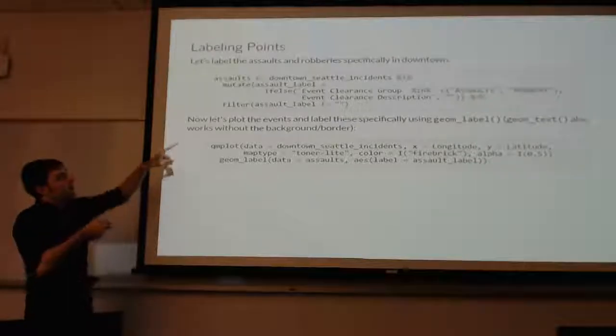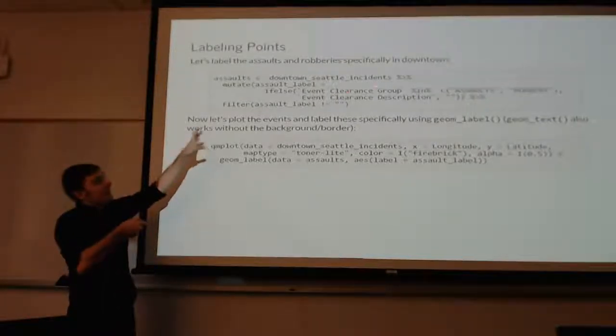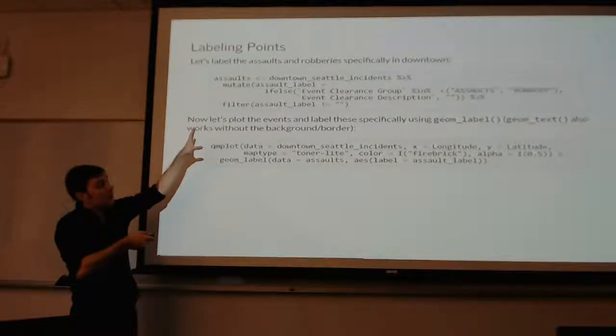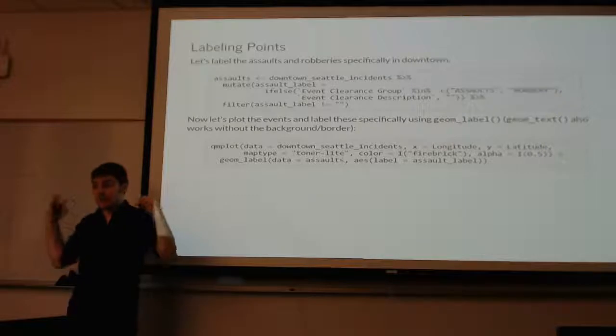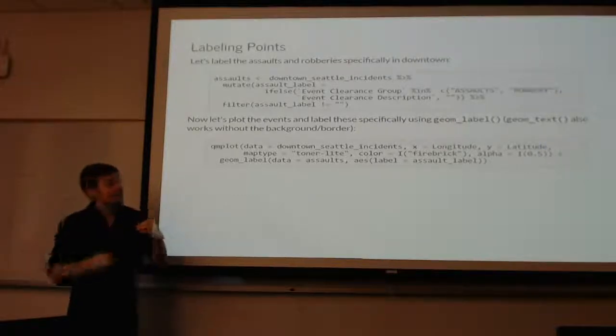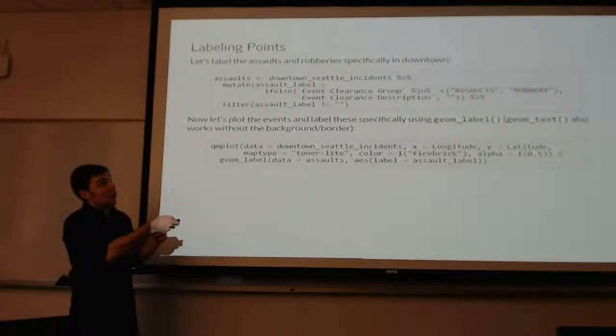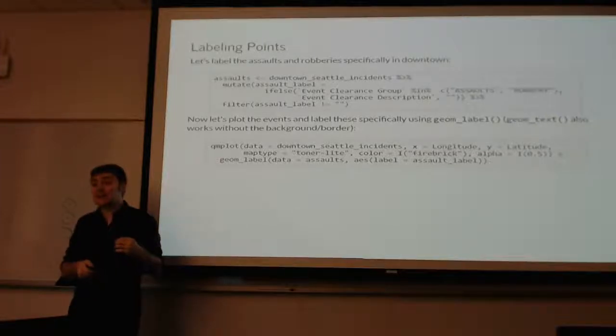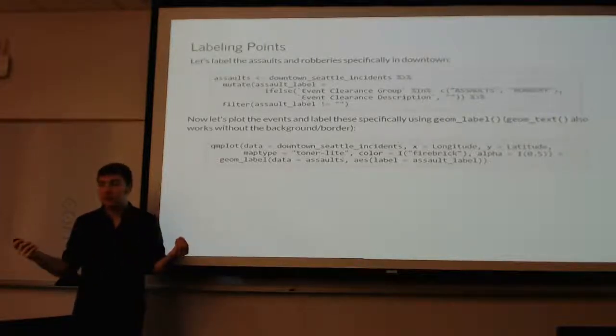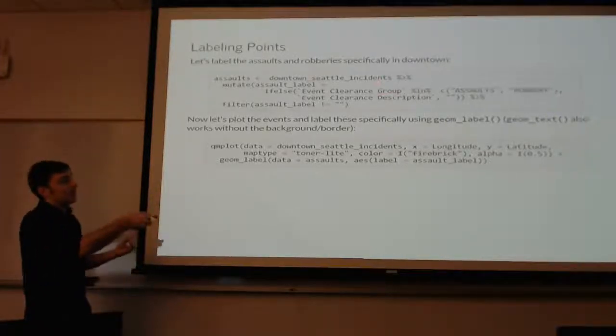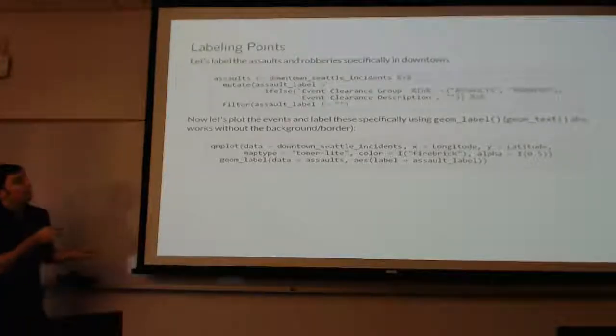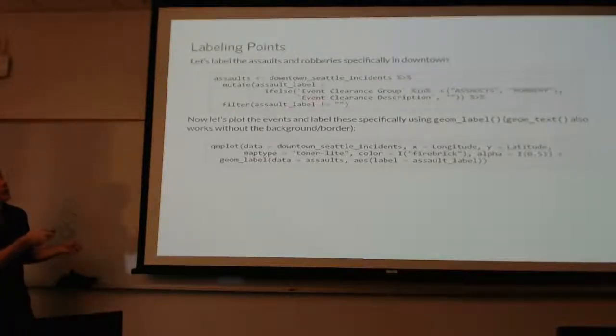So what I've done is if in the event, the type of crime that occurred, is an assault or a robbery, the label is going to be equal to the event clearance description. That is the description of the crime that occurs. If it is not an assault or robbery, I want nothing there, blank. If it's blank, it's not going to draw a label, right? So I've essentially drawn labels only for the things that are assaults and robberies. And then filter if that assault label does not equal blank.